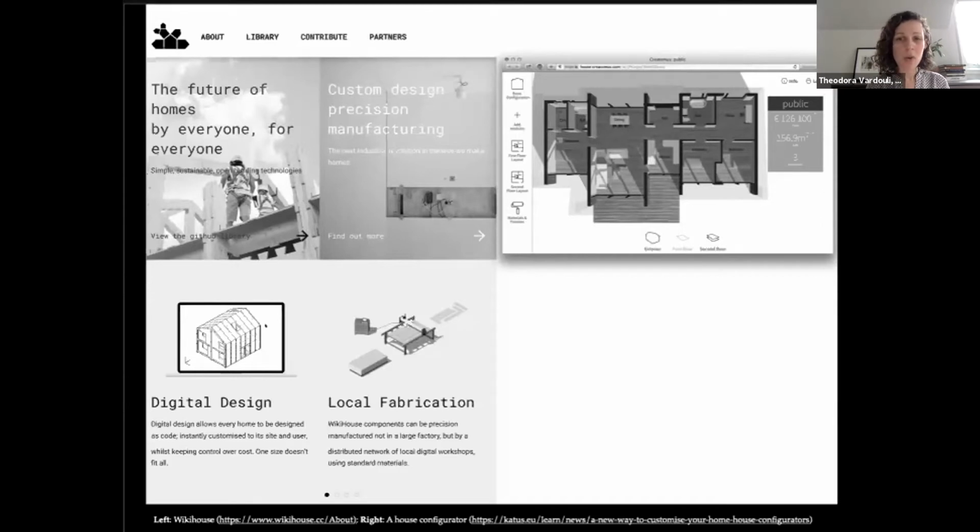So users choose from menus of pre-designed components, which they then combine or customize to define the final form of a product. Users combine kits of parts, each carrying specific information, specific data, and the digital platform constrains which combinations are permissible or what their implications are in terms of various criteria, such as costs, performance, etc.